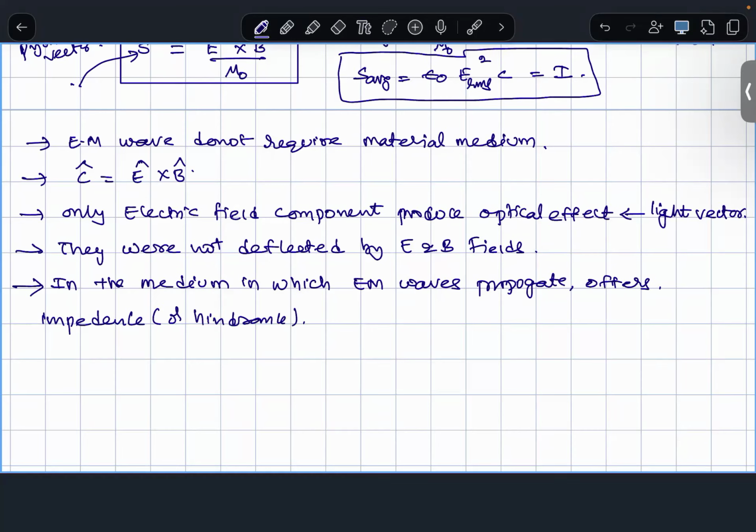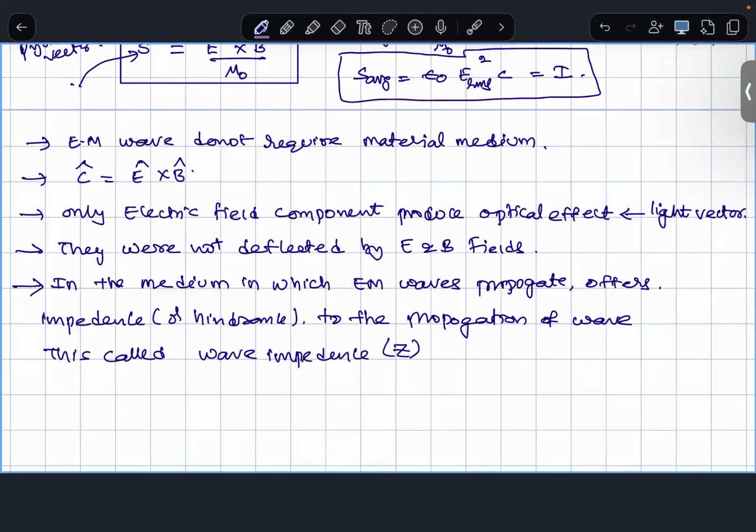For a wave, we call the hindrance to the propagation of wave, wave impedance, Z. You will study this at a later stage, maybe in your engineering if you are in a communication line.